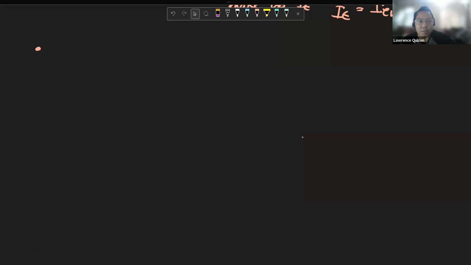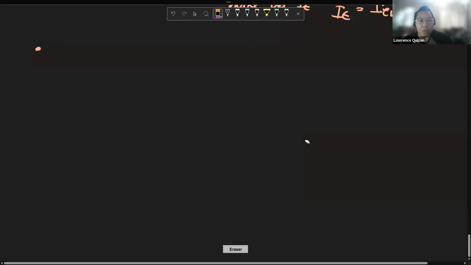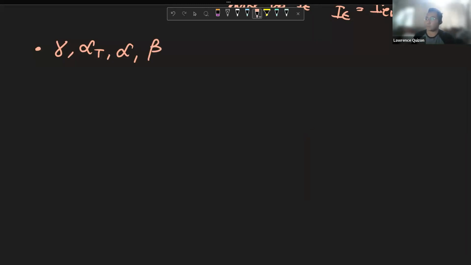So, let's say we know IE, we know all of the performance parameters. We know gamma, we know alpha T, we know alpha, and we know beta.